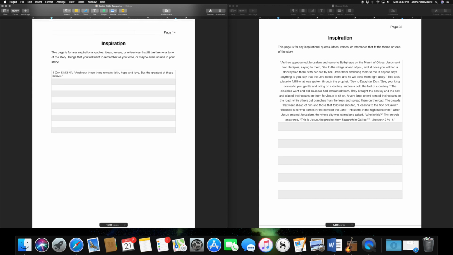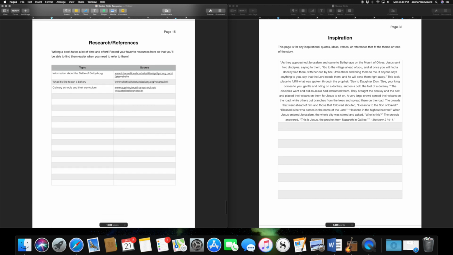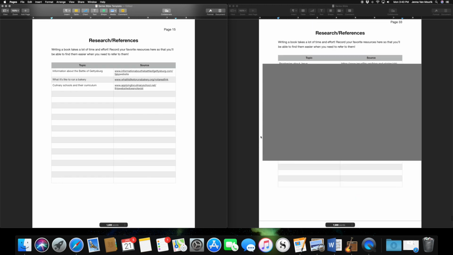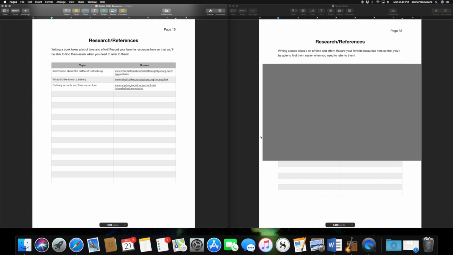Now, here we have the references tab. The references tab is where you can include, especially if you're writing historical fiction, any resources that you are using to write about your story. Any research you've done, if it's a website or a source you found helpful and you want to make sure that you'll be able to find it easily, go ahead, write down the topic, and then write down or copy and paste the URL, web address, or where you found that information from.